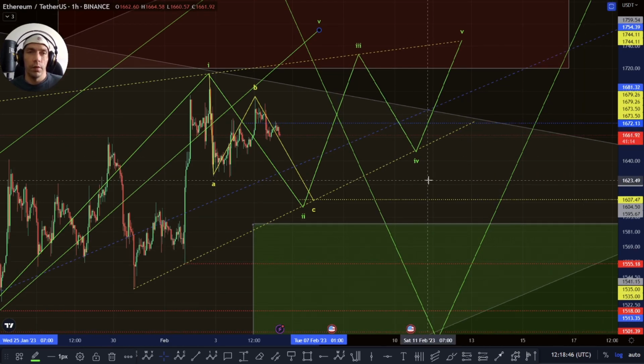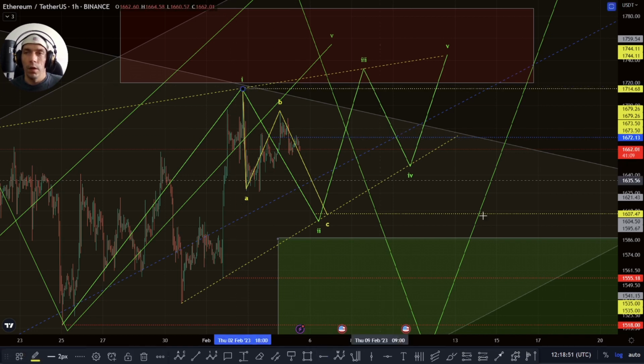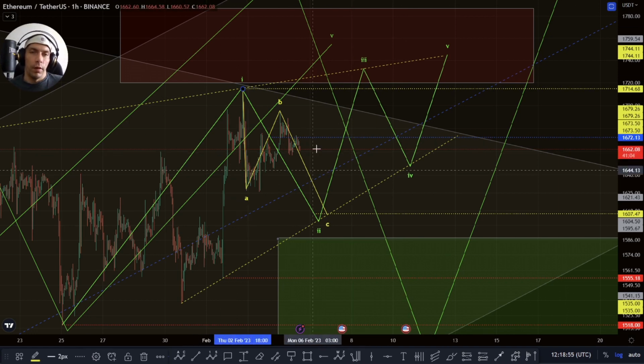So this is something that is still valid for as long as we hold below this 1714 68. If we do break up above that again, then this option would be less likely and we would be favoring one of the other ones.